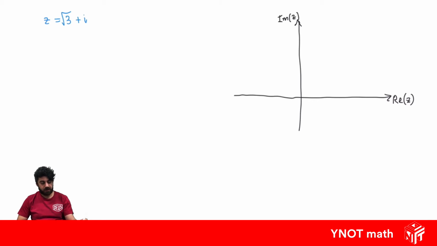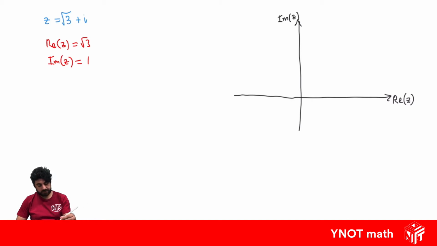And we're going to go ahead and plot that z equals root 3 plus i. So we can see that the real part of z, in this case, equals root 3, and the imaginary part of z equals 1. And this helps us plot this out.